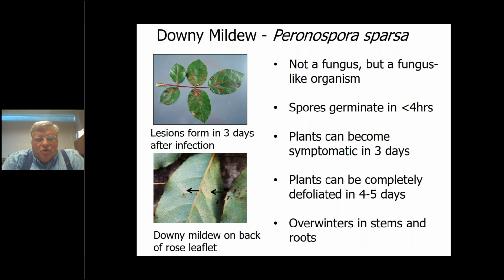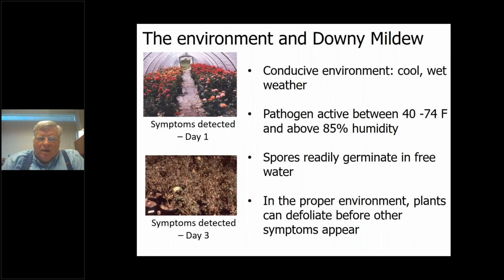And in that bottom picture, hopefully you can see those white patches of sparse fungus growing, or fungal-like organism growing, on the back of those leaves. Now, this pathogen is going to overwinter in stems and roots. So when you get it, it can be very difficult to get rid of.